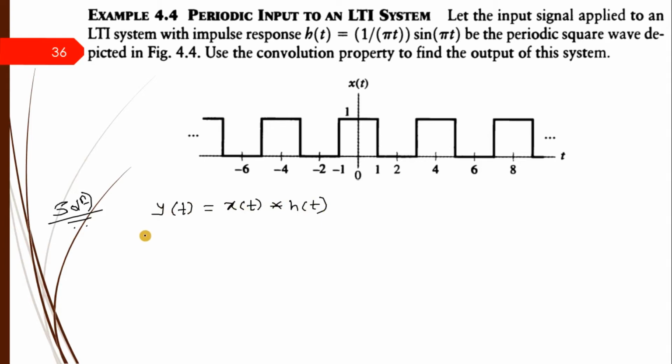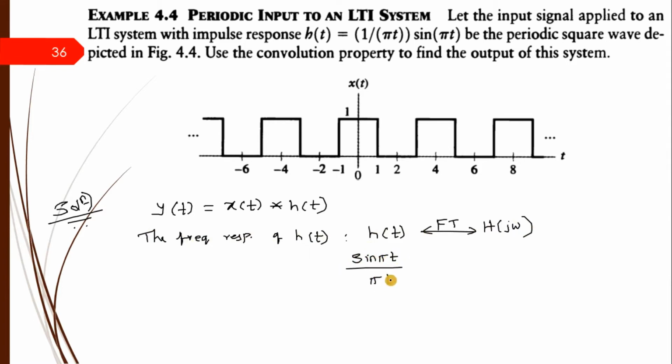Here, the frequency response of h of t, if I want to write its FT pair, looks like this, capital H of j omega. Now h of t is given as sin pi t divided by pi t.